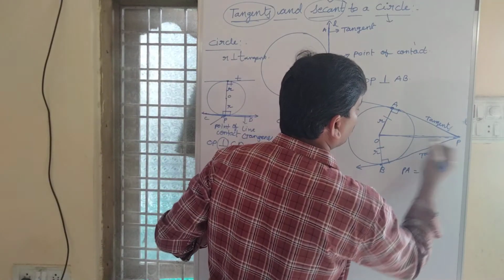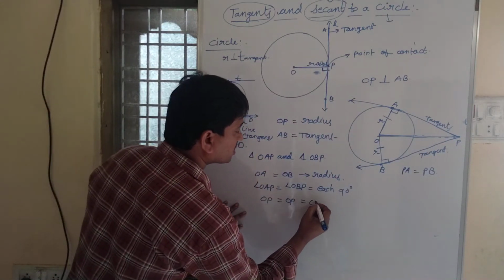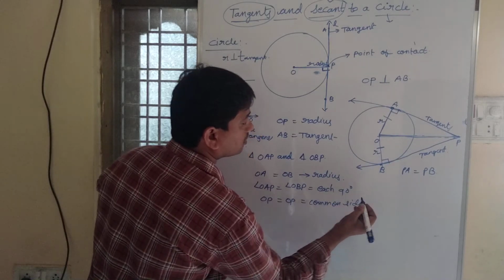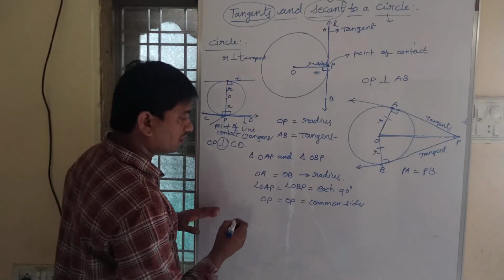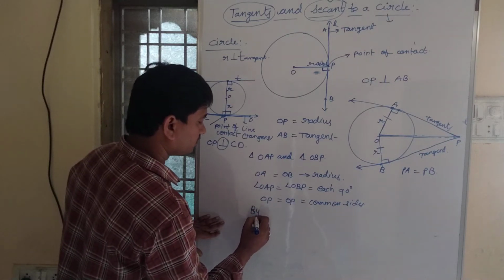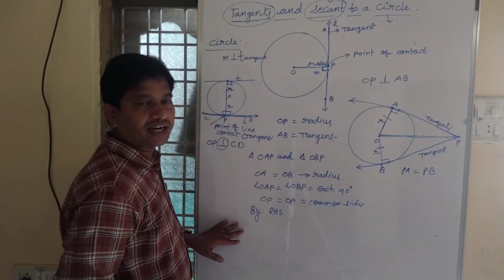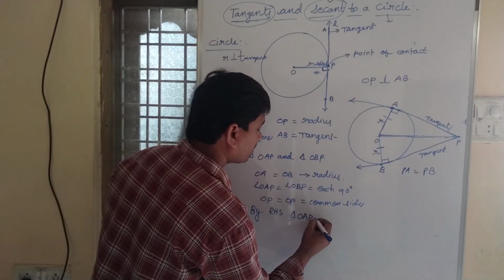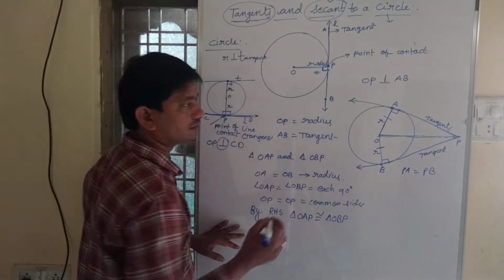And also OP equals OP, which is the common side. So by RHS criteria, right angle hypotenuse side criteria, we can say that triangle OAP is congruent to triangle OBP.